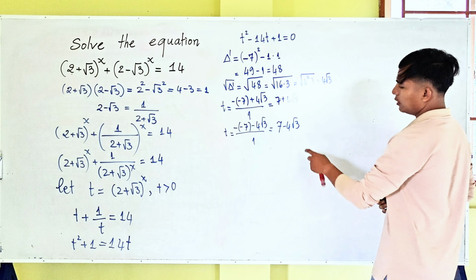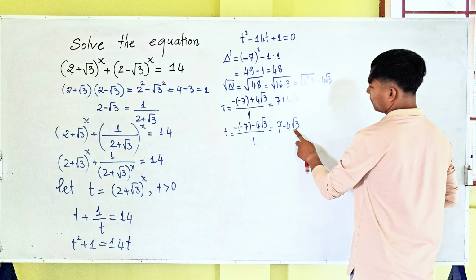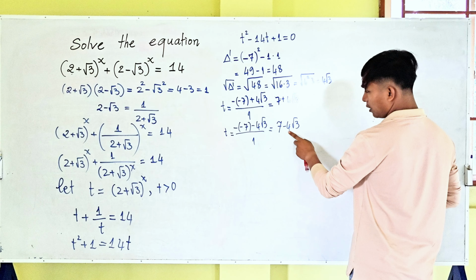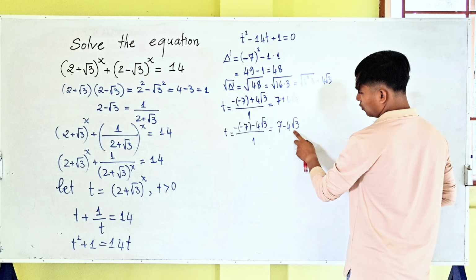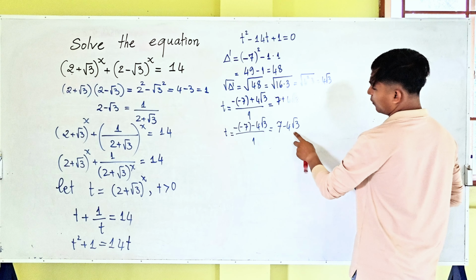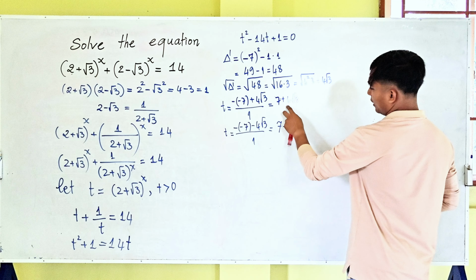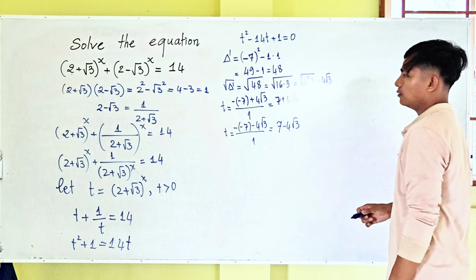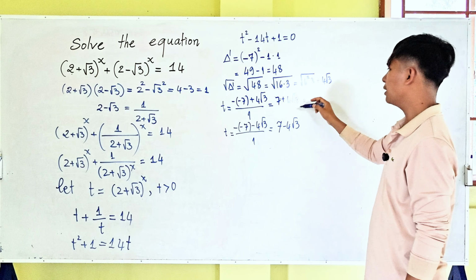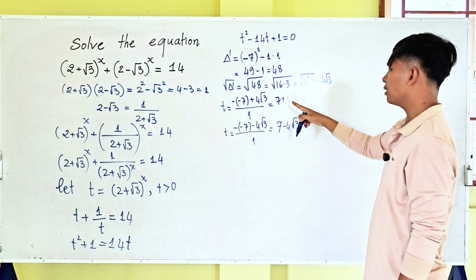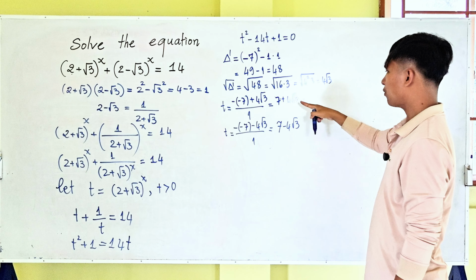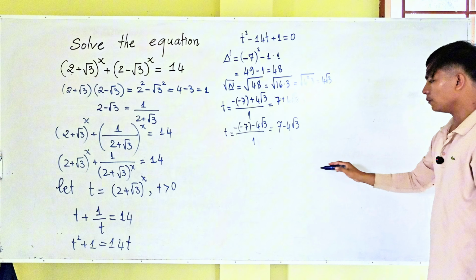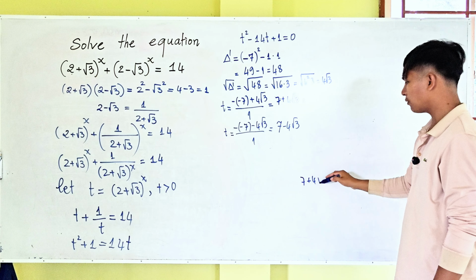Look, here is 4 times 1.7, so we get it is smaller than 7. So it's positive, and here also positive. And we can write it's 7 plus 4 square root 3.